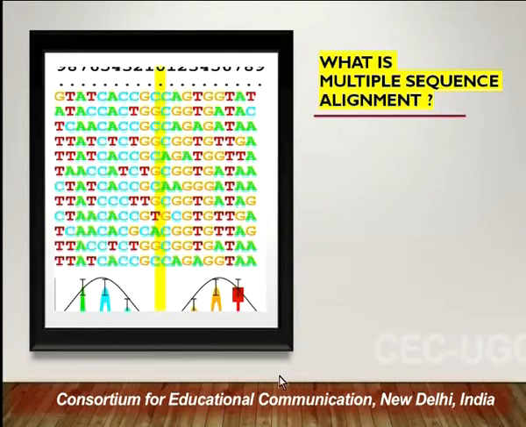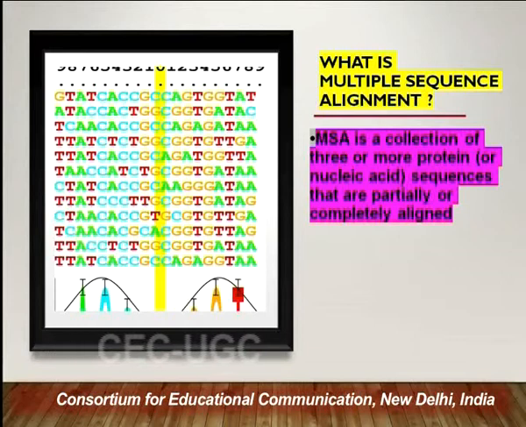We will learn this through five different sequences which I have just copied for you, and these belong to two categories. One is closely related species and the other is distantly related species.